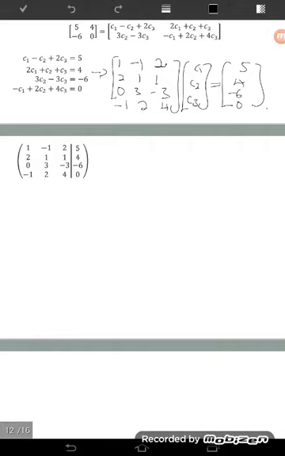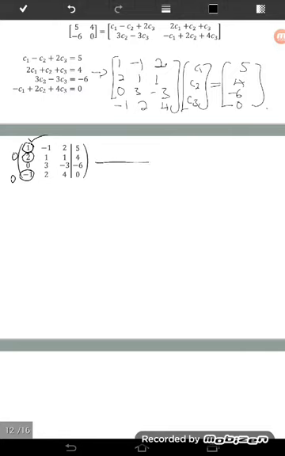Okay, after that we solve C1, C2, C3 by the Gauss-Jordan elimination method. To do this, first we need to have a leading 1 here. So here already leading 1. Okay, done. And then after that we make these entries 0. Here already 0, and here also 0.